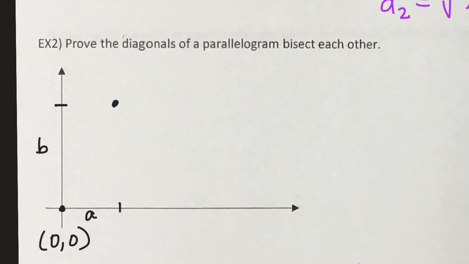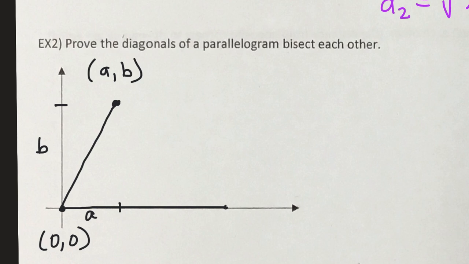Once again, you can pick whatever letters you want. So what are the coordinates of this corner right there? A, comma, B. We've gone A units to the right and B units up. Okay? So now we have to decide how far to the right I want to go to get to the bottom side of my parallelogram.